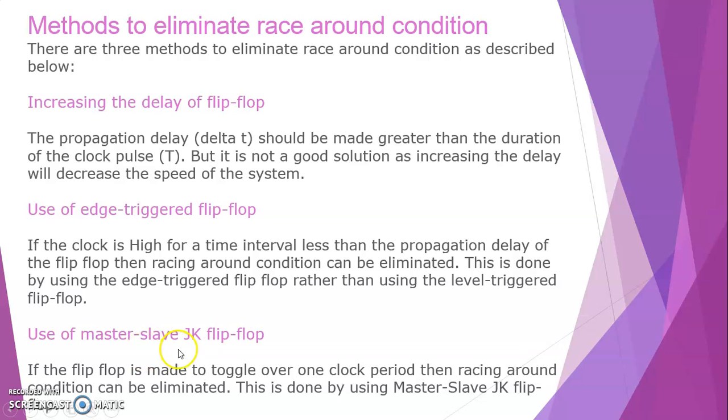And use of a master slave JK flip-flop: if the flip-flop is made to toggle over one clock period, then the race around condition is eliminated. These are the three ways to eliminate the race around condition in a JK flip-flop: increasing the delay of the flip-flop, use of an edge triggered flip-flop, and use of a master slave JK flip-flop.